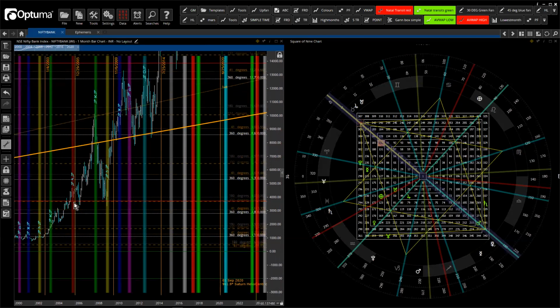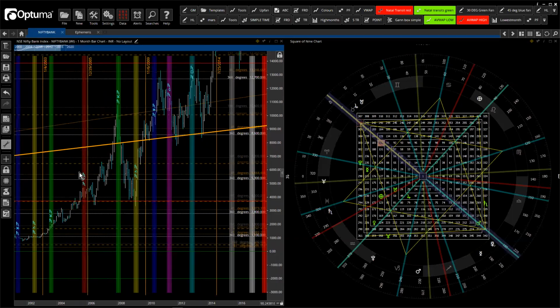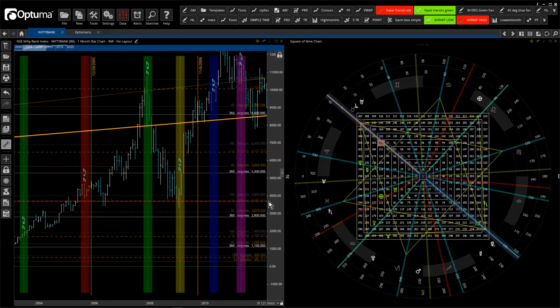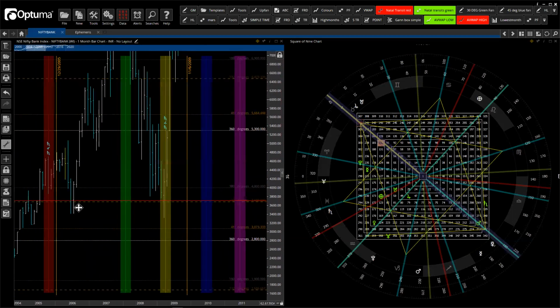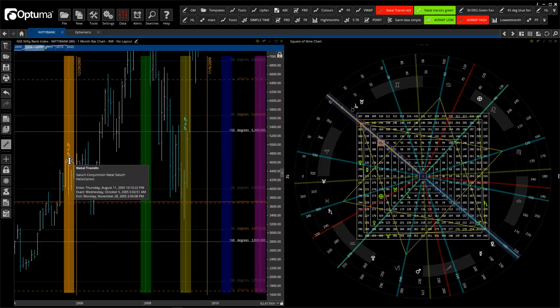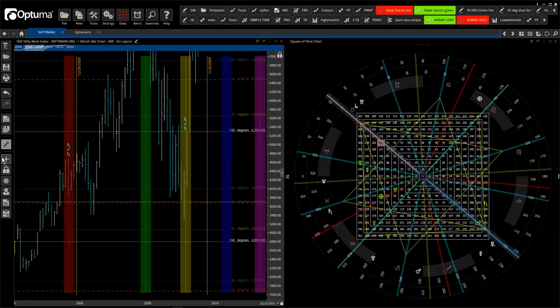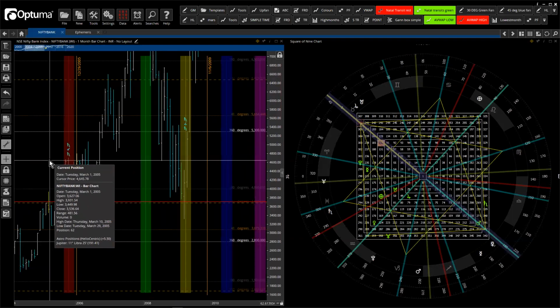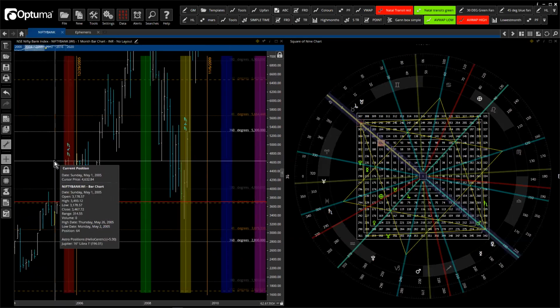First of all, notice the breakout over this new level here at the conjunction. Second of all, notice that on the actual date of the conjunction, when we're looking at heliocentric Saturn's natal position, we start this month up here at 4,600, or sorry, this month at about 4,600 it opens.